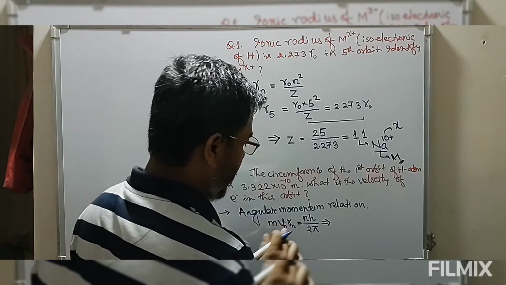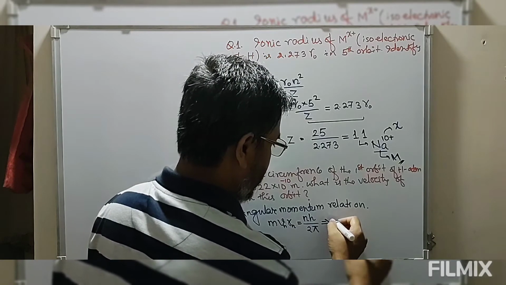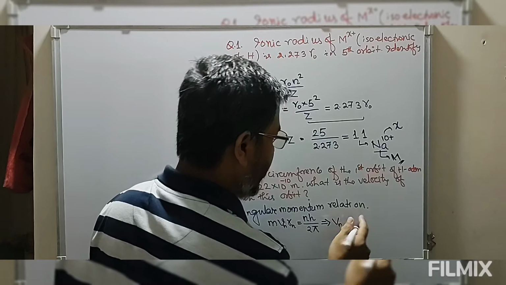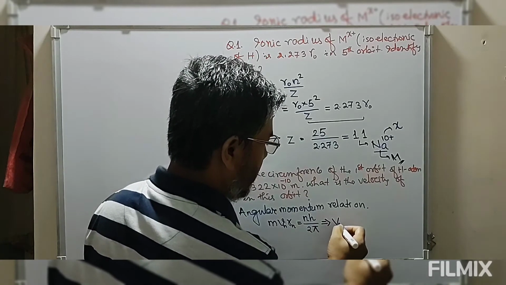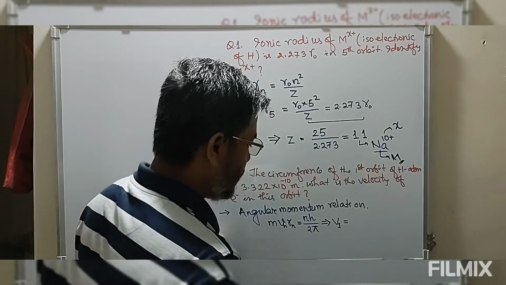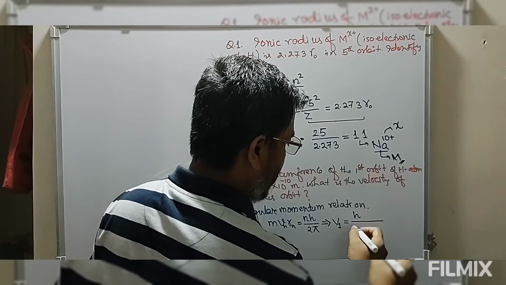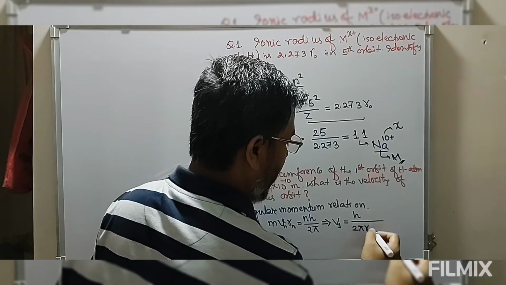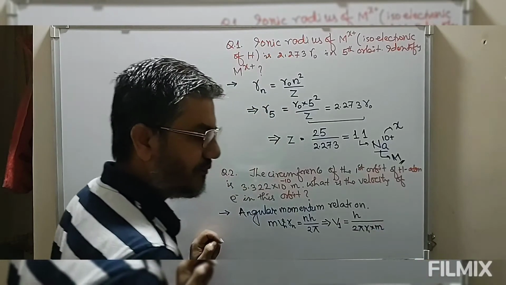So velocity, look at this, Vn, n is equal to 1. So this equals h divided by 2 pi r1 into m.